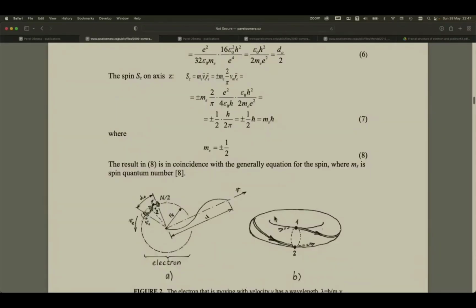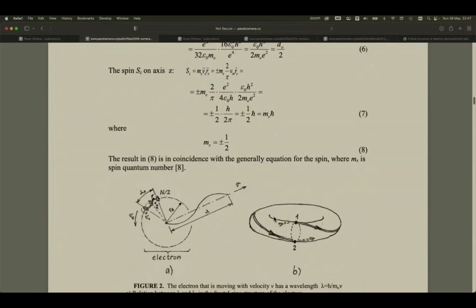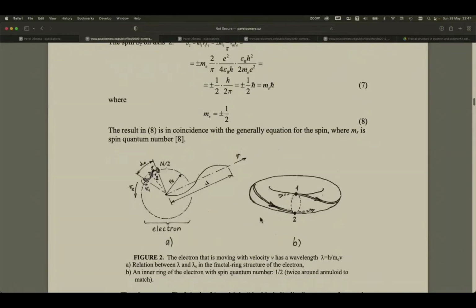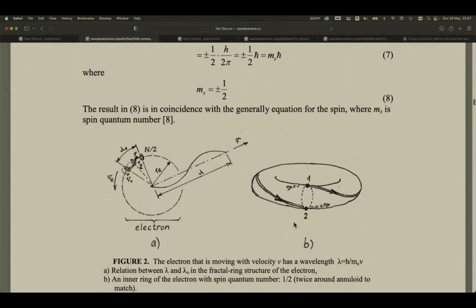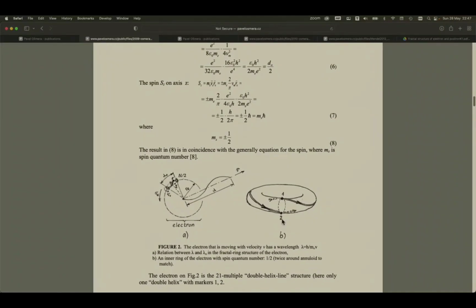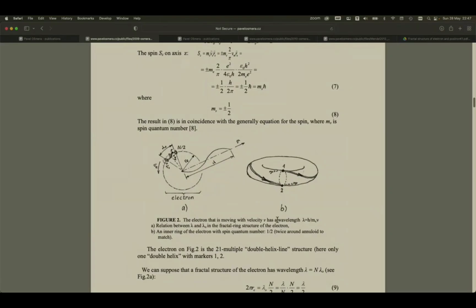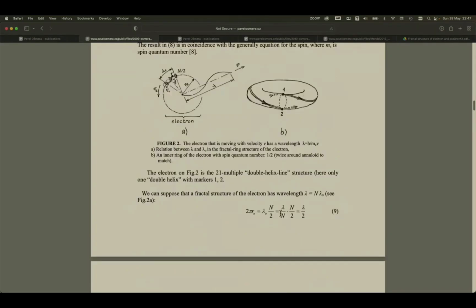So there are a lot of calculations in here, and it would be interesting to see what Andras's view is of these things. And here we go, this is the motion leading to that spin of the positron or the electron, respectively.